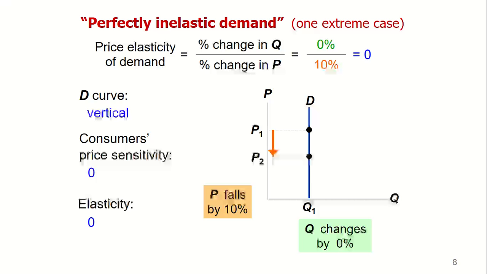In inelastic products like insulin, diabetic patients need a certain amount of insulin a day. They certainly do not want to take too much, but they have a minimum that they need, so that is inelastic demand.